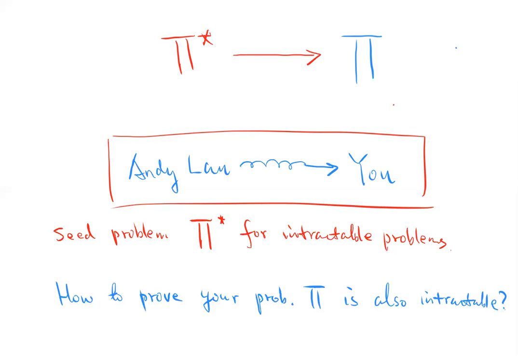Now, in order to prove that your problem is difficult, the hard problem makes a call to you, for example. But of course, this call is something different, right? So this hard problem calls you. Calling means what? Maybe the hard problem wants you to solve the problem by solving problem pi, asking for help. So you can regard this one as this one asking for help.